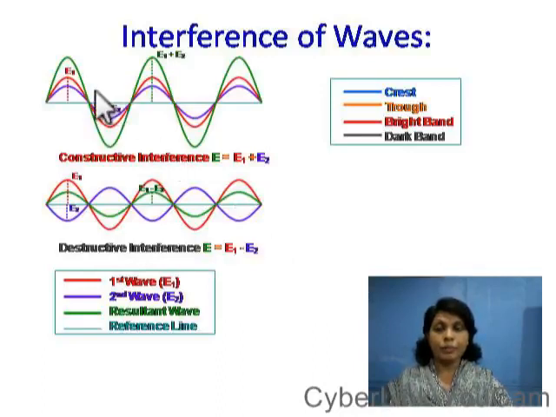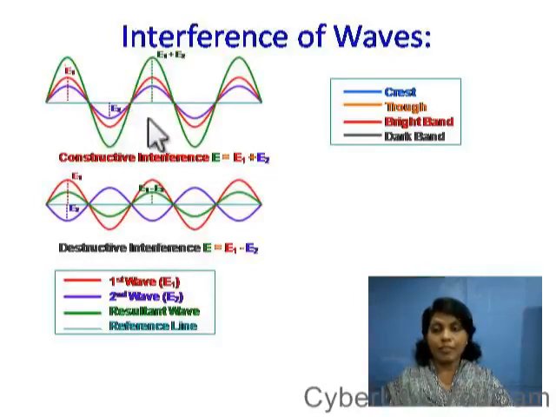As shown in the picture, there are two waves, 1 and 2, with amplitudes E1 and E2. They interfere here in such a way that their crests coincide with each other, and their troughs coincide with each other.